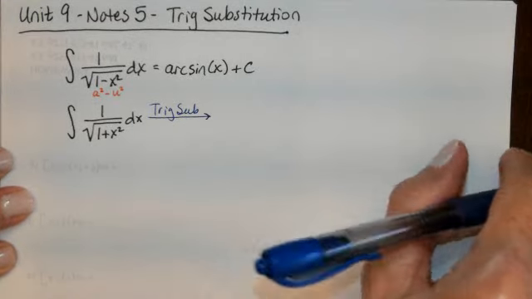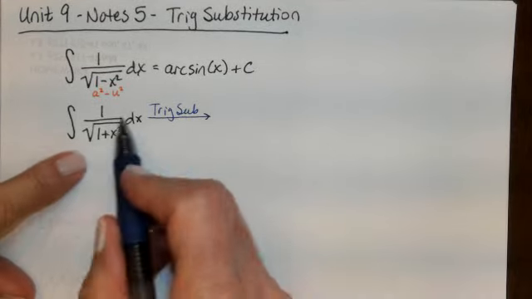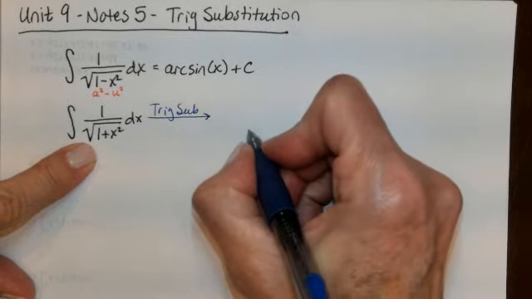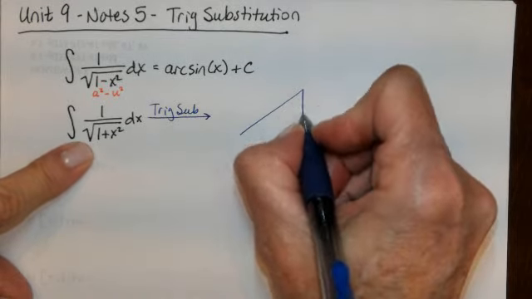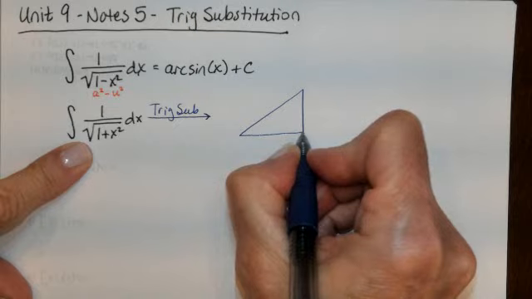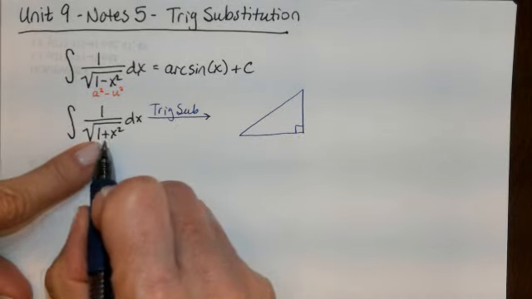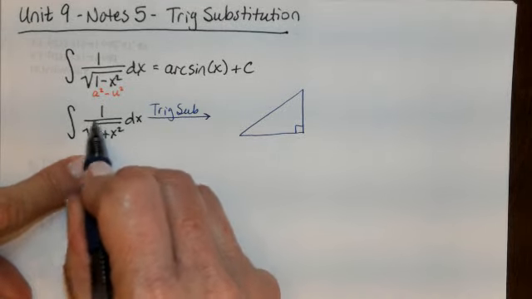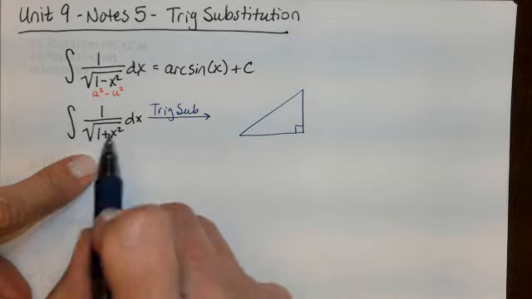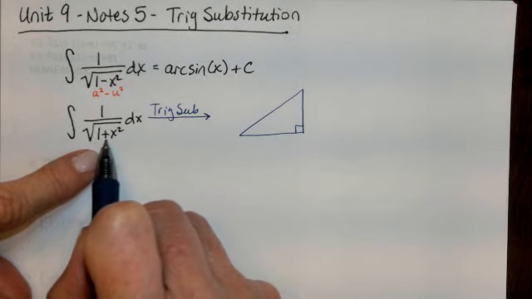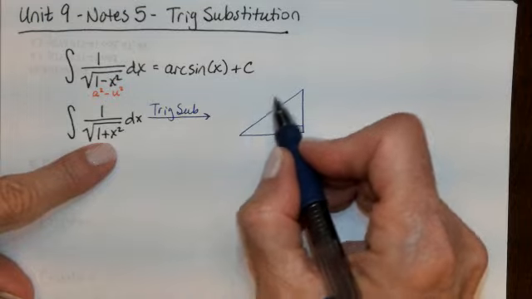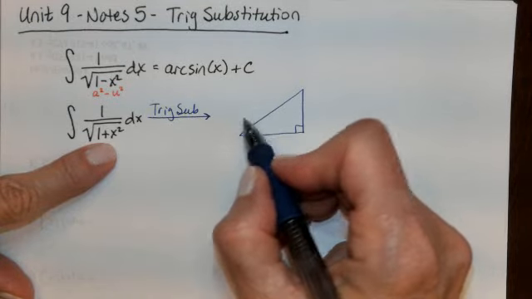The first thing we're going to do is focus in on the square root of 1 plus x squared. And I'm going to form a right triangle, and that's going to be one of my sides. Since there's a plus inside, I know that that square root has got to be on my hypotenuse.